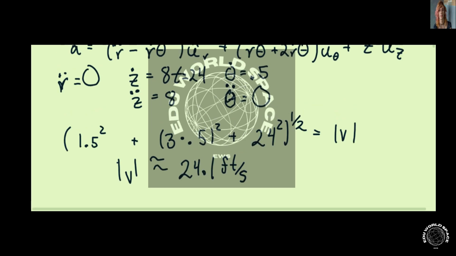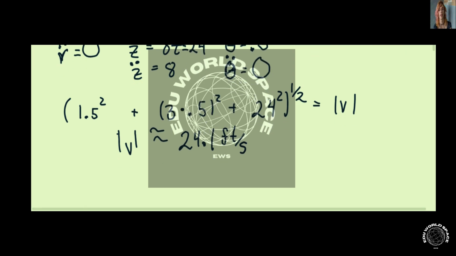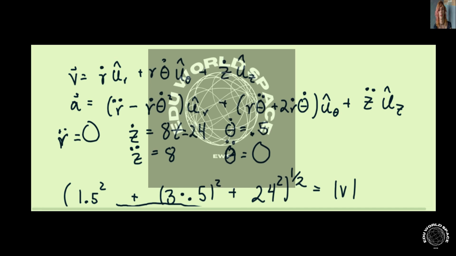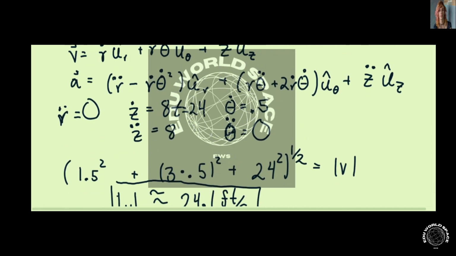So that's great. We have our velocity. That's part of what we're looking for, or we have our speed, the magnitude of our velocity. And now we want the magnitude of our acceleration, which is going to be a little bit trickier. So just looking at this formula, we have quite a few double dots here. This r double dot is 0. This theta double dot term is also 0.